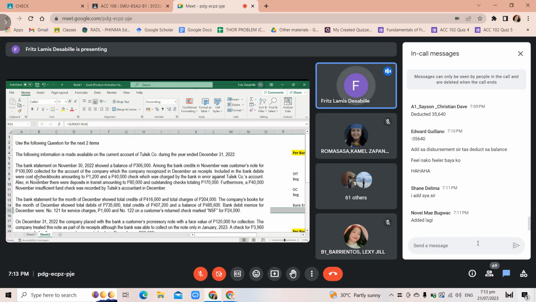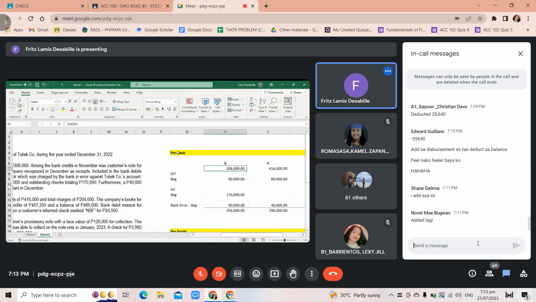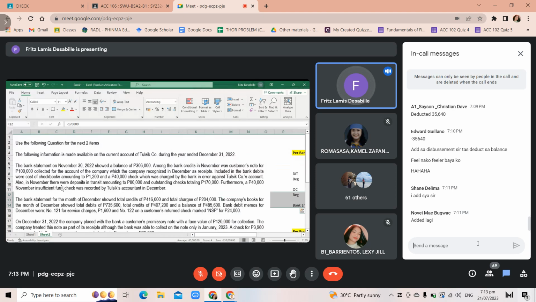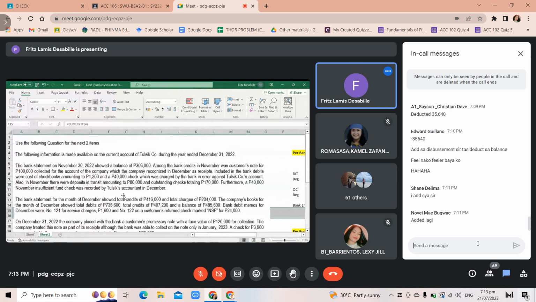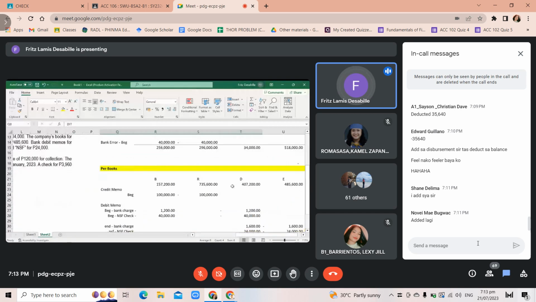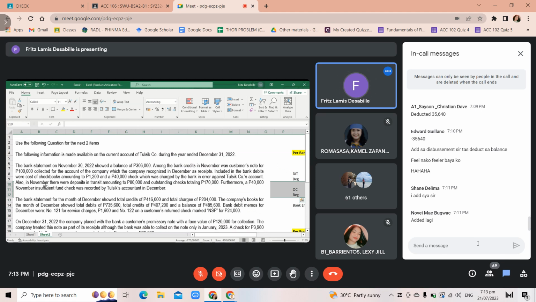So bank statement show the balance of 306, correct? Among the bank credits in November customers note, so this note collected beginning. So purchase of credits in which the company recognized in December as receipts, correct? So 100 add to minus here, correct? Including the bank credits with checkbooks.